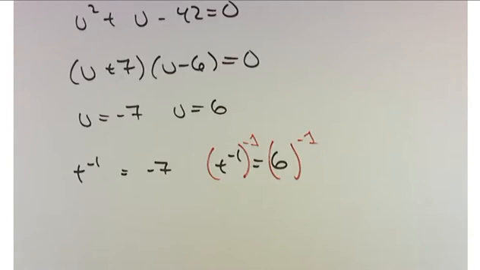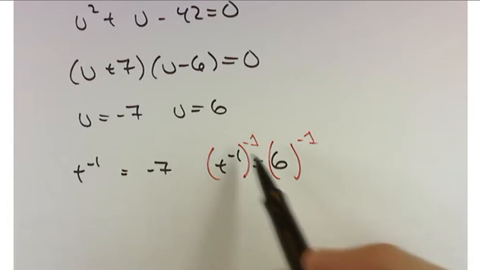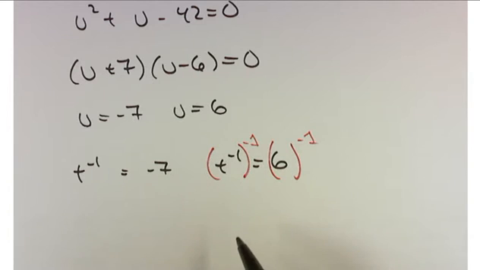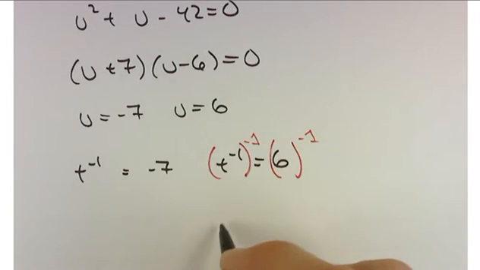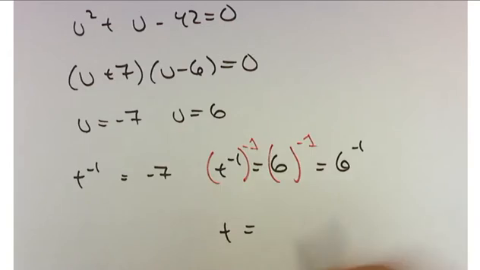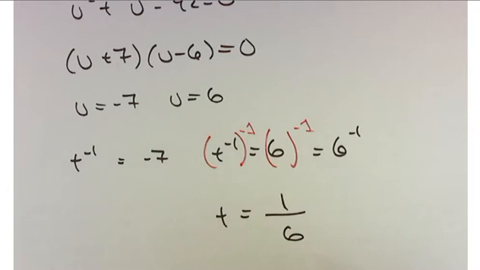Now look at how fast this works out. It's really pretty nice. What's negative 1 times negative 1? 1. So that's t. And on the right-hand side, I get 6 to the negative first power, which is 1 over 6. Done. That's all there is to it.